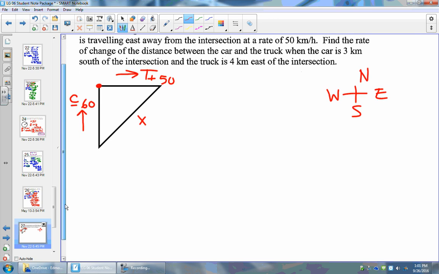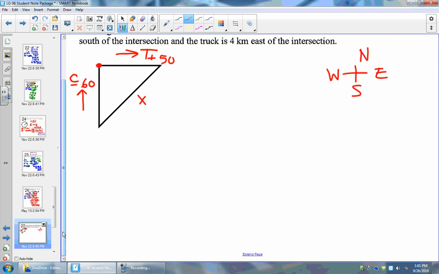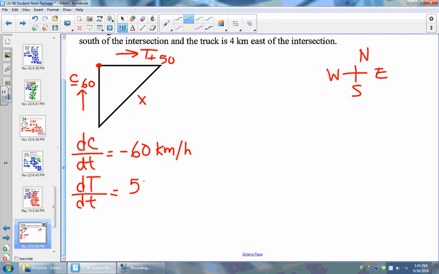So let's write this all out now that we've got it labeled. Our dc over dt is negative 60 kilometers per hour. dt over dt, big T over little t, would be 50 kilometers per hour, positive. What we're looking for is how far apart are they, what is that rate?